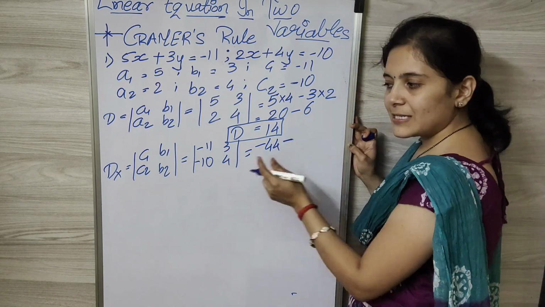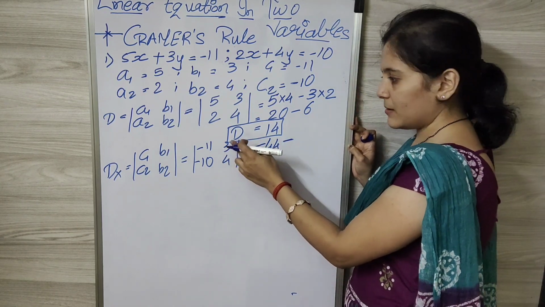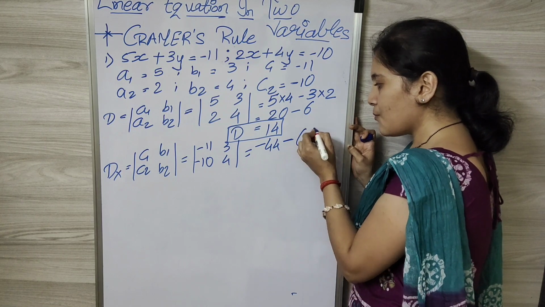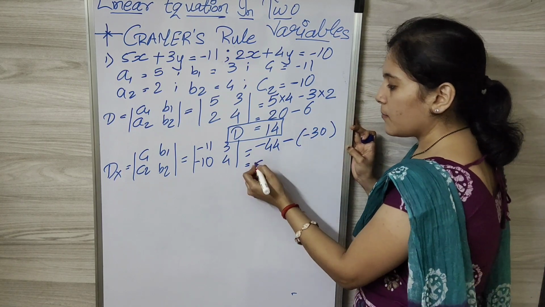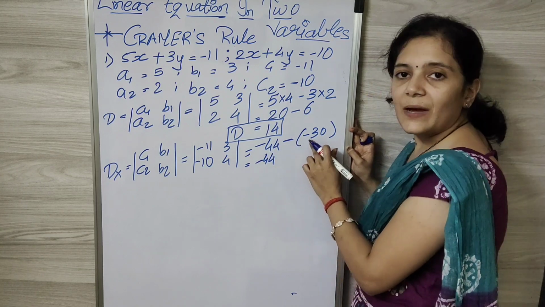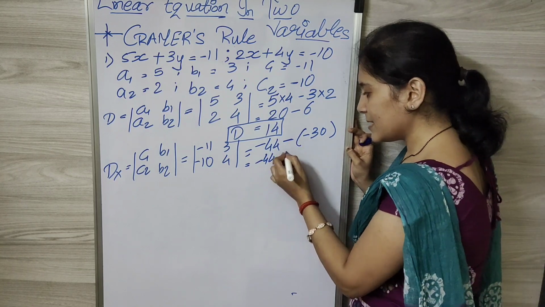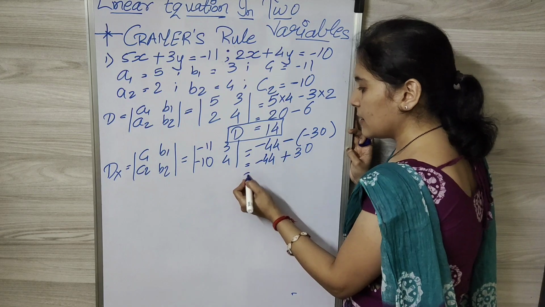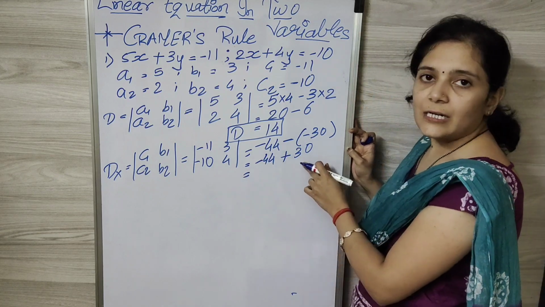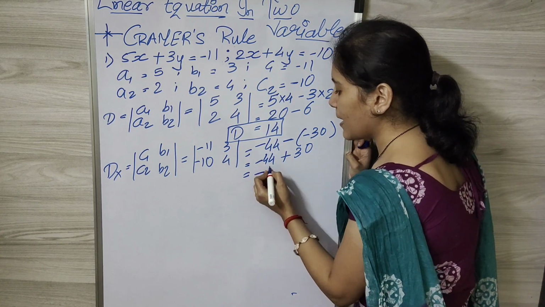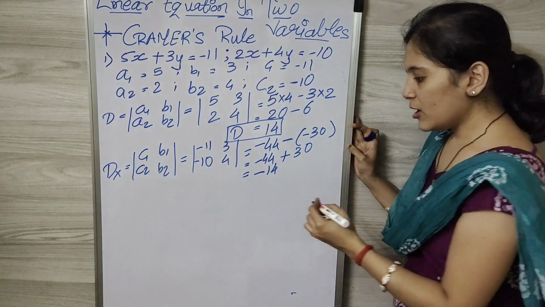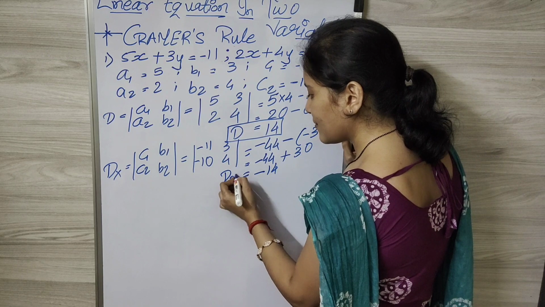Middle sign minus, minus 10 into 3. Minus 10 into 3 becomes minus 30. Now maths rule. Minus 44 minus minus becomes plus, that is plus 30. Now minus 44 plus 30. Minus plus minus. So answer is minus 14. The value of dx is minus 14.